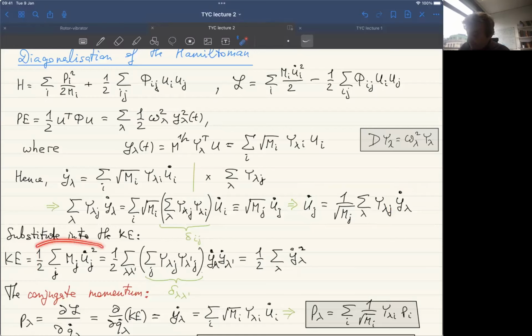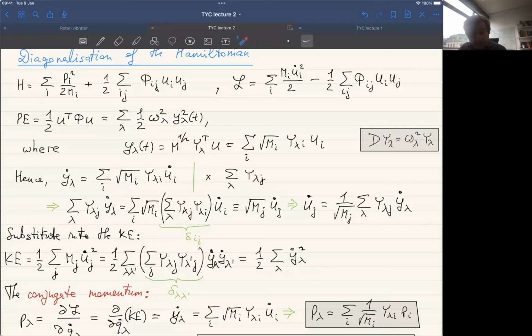Kinetic energy is originally given by the velocities of atomic displacements. But now if we substitute this expression here and perform a little algebra, in particular using the fact that the eigenvectors of the atomic vibrations are orthogonal to each other, we will obtain that in terms of the velocities associated with the normal modes, kinetic energy is also diagonalized.